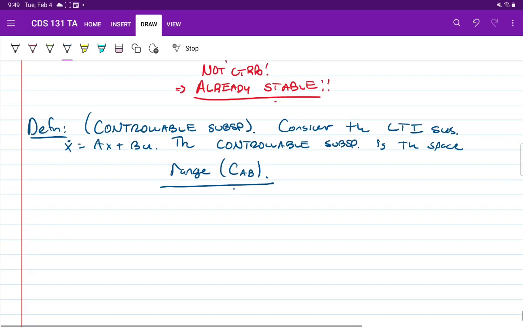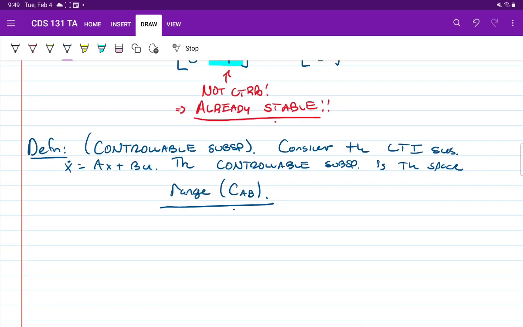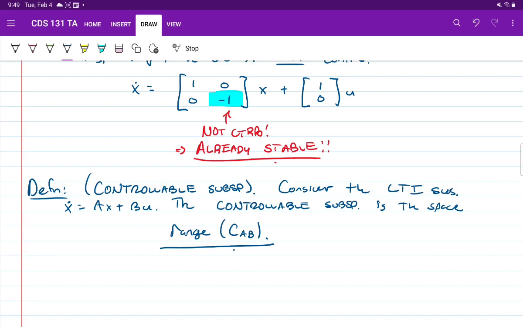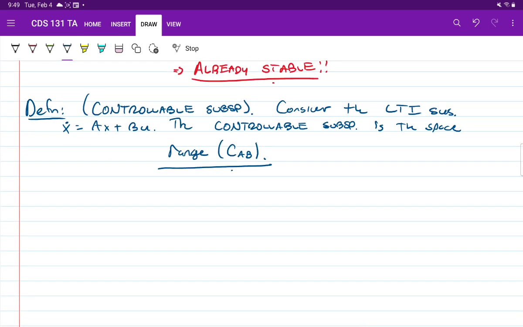Okay? So what I want to do now is split my space up into a couple of different pieces, right? I want to split it up into the controllable subspace, which, as the name suggests, is something where I'll have control. And I want to split it up into that and an uncontrollable subspace, something where I have no authority whatsoever. And in order to make this decomposition of my system, there's a couple of properties that I need to check, okay?